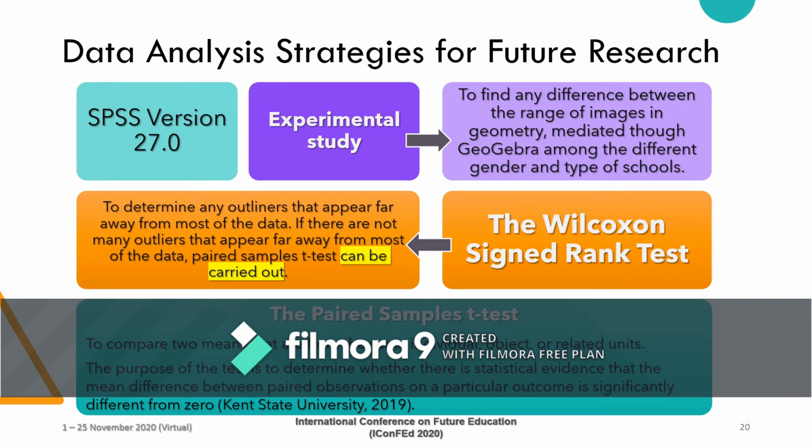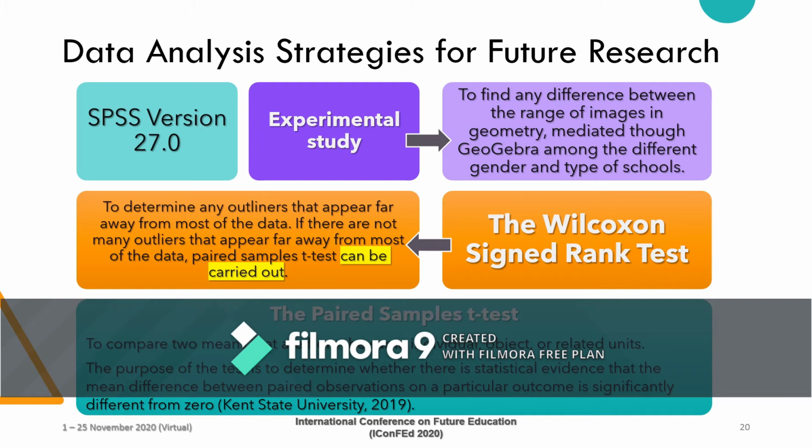For data analysis strategies for future research, SPSS version 27.0 will be used to find any difference between the range of images in geometry mediated through GeoGebra among the different gender and type of school. The Wilcoxon signed rank test will be used to determine any outliers that appear far away from most of the data.